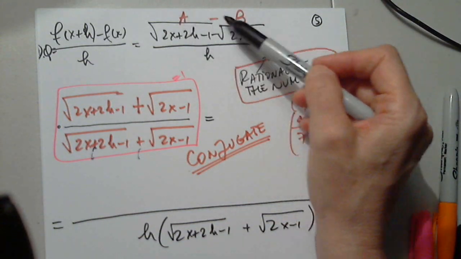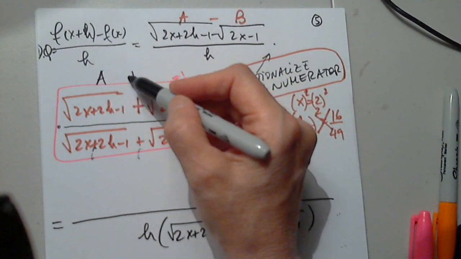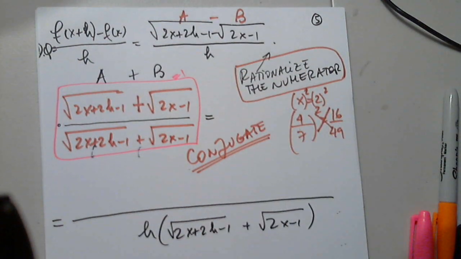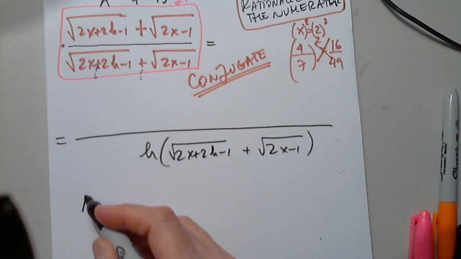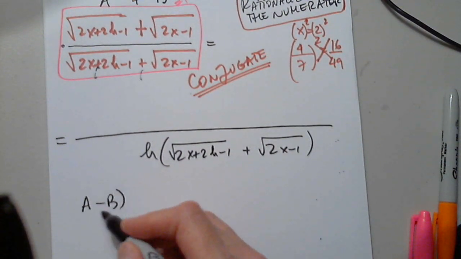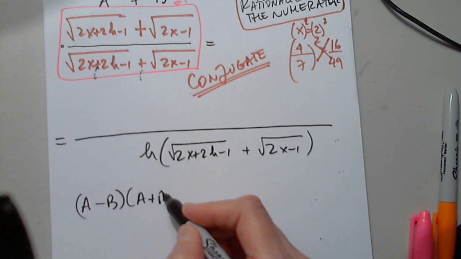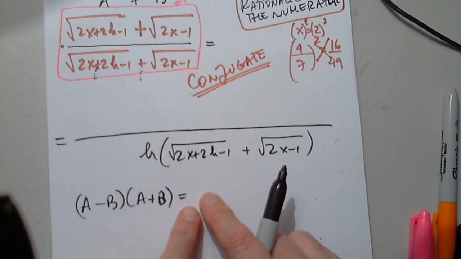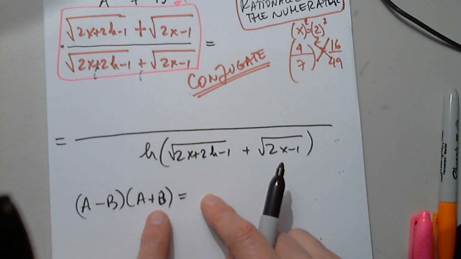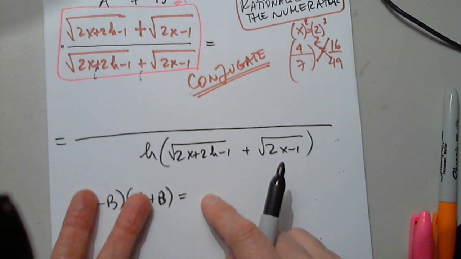So I had a minus b, I'm multiplying by a plus b. Does anyone remember what the product a minus b times a plus b equals? A minus b times a plus b, or the other way around, it doesn't matter.